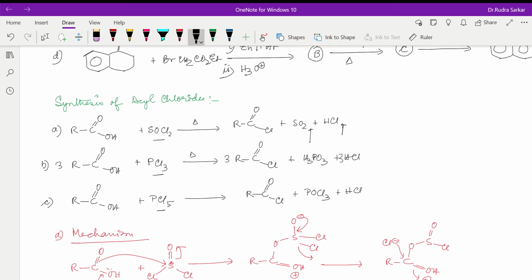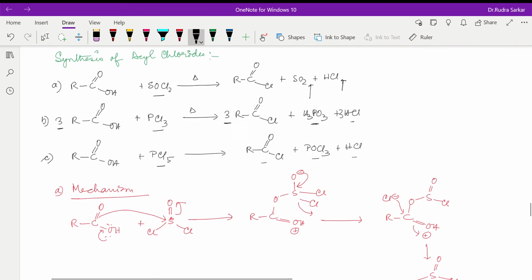For PCl3, you can be asked how many molecules of acid chloride are formed, so obviously 3, and the side products are phosphorus acid and HCl. For PCl5, you will have POCl3 formed as a side product and HCl, and 1 molecule of acid chloride will be formed.